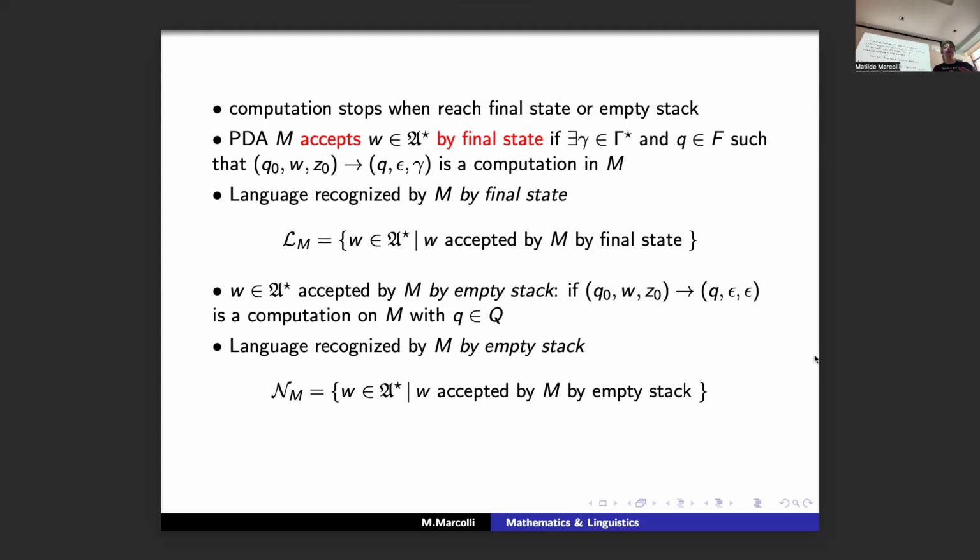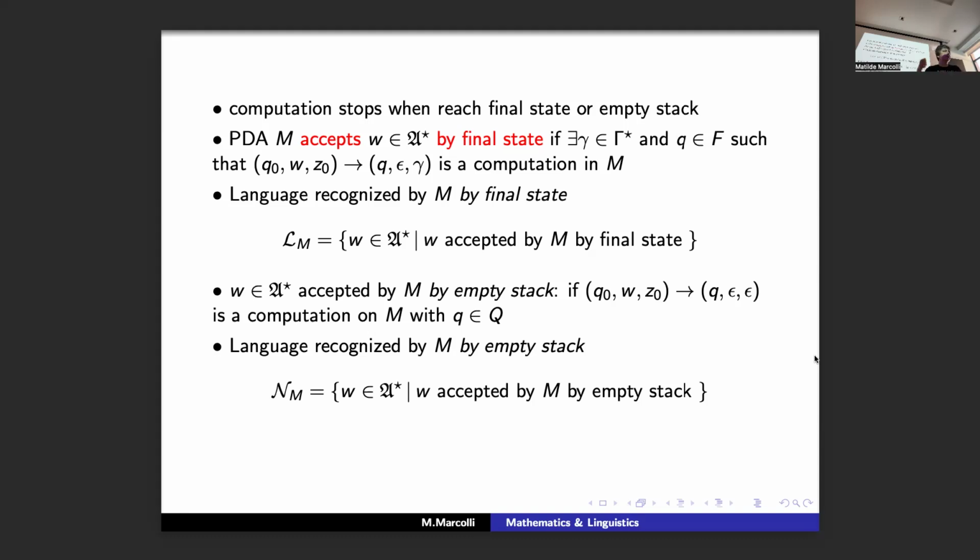You can say that your automaton accepts a certain word in your alphabet by final state if, when you perform that sequence of moves, you end up on a final state. This is the same as with the finite state automata. But now you have another way in which your computation can terminate: you can say that the string of instructions is accepted by empty stack.